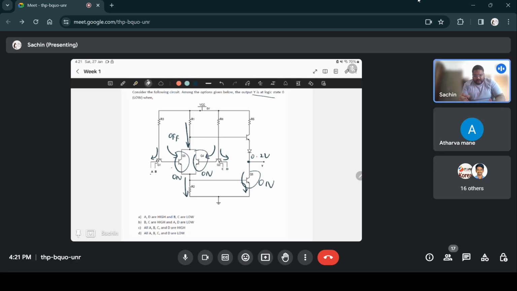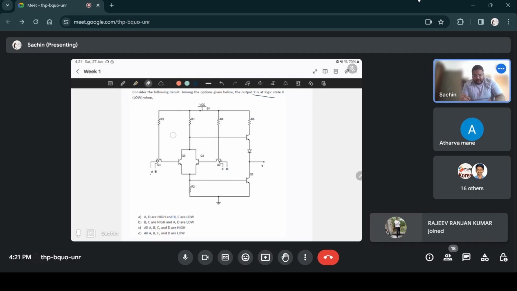So you understood the logic of that circuit, right? The circuit behaved like an AND gate because when both A and B are high, all the current will flow through this Q3 transistor. So Q3 will be on, then Q6 will be on, and since Q6 is on, the output will go to low. That was the logic.